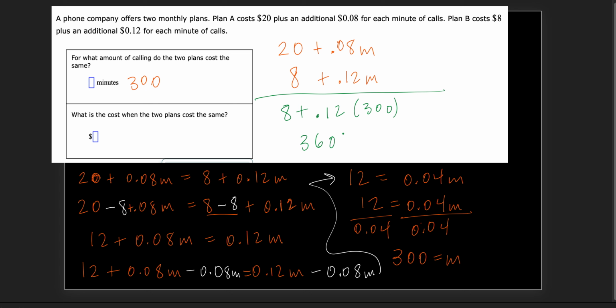So 36 plus 8, I think, I missed a decimal. Should be 44. Much better. And don't forget to double check your answer or your math all through here. So 300 minutes and $44.